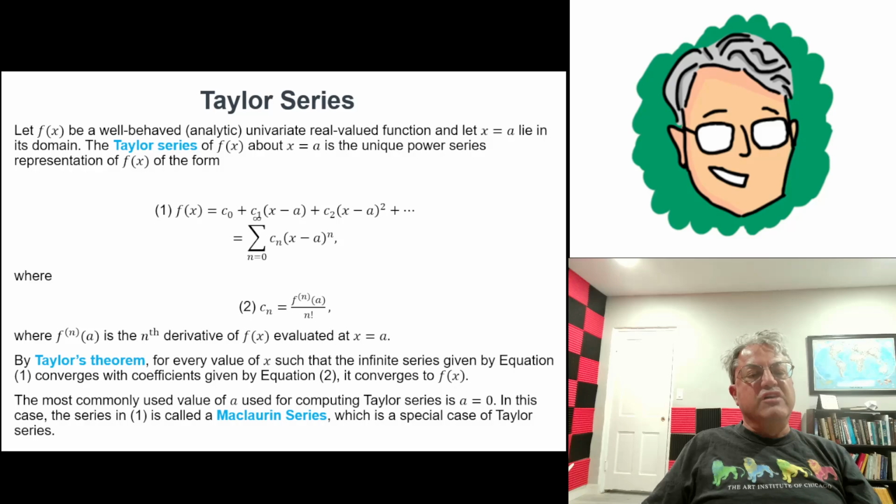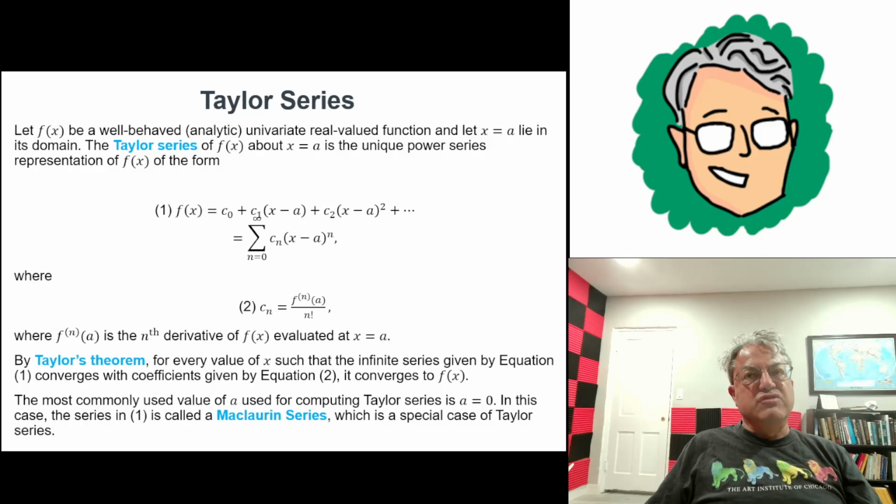And you can write that out term by term if you like. It just looks like C0, that's a constant term, plus C1 times x minus a plus C2 times x minus a quantity squared, and you can keep going like that. And then there's also a formula for these coefficients. The formula is Cn equals the nth derivative of f evaluated at x equals a divided by n factorial.